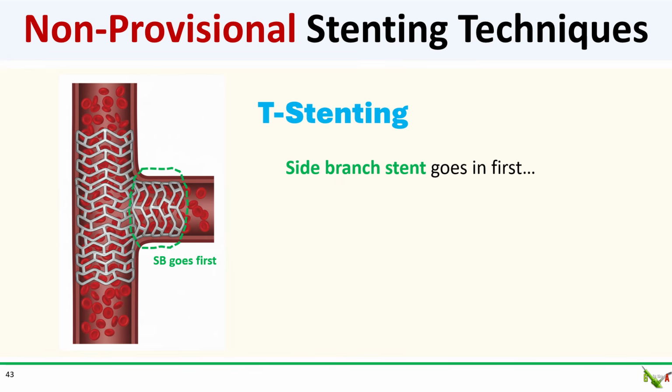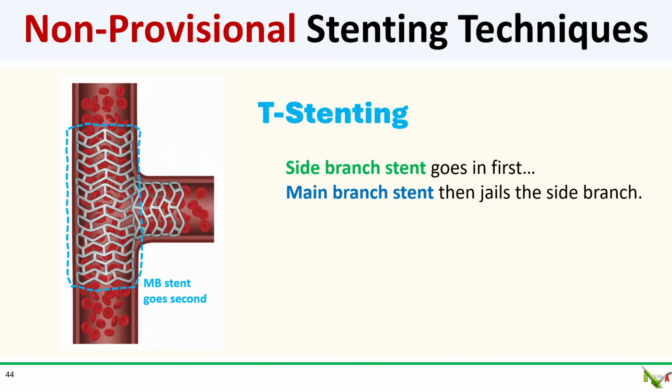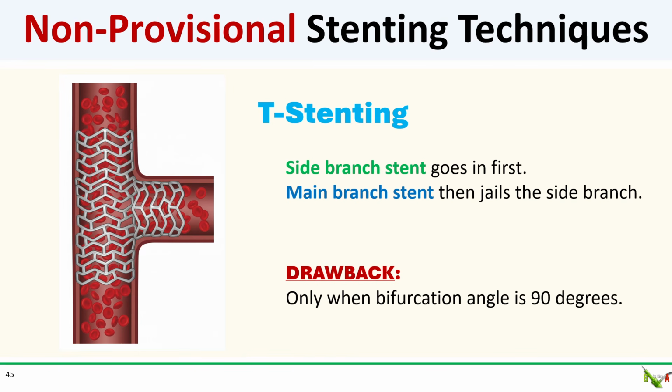Next, we have T-stenting. In non-provisional T-stenting, the side branch stent is deployed first and is followed by the main branch stent, which then jails the side branch. T-stenting is also pretty easy to do, but the drawback is that the bifurcation angle really has to be pretty close to 90 degrees.